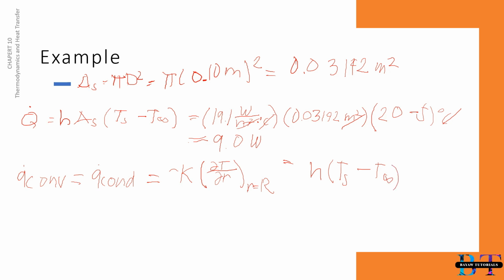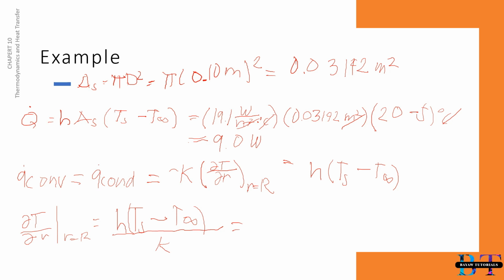Since we are looking for the gradient at the surface, the gradient at the surface is equal to the heat transfer coefficient times the temperature of the surface minus the temperature of the fluid far from the surface, divided by the thermal conductivity.